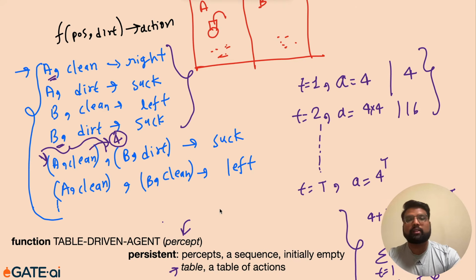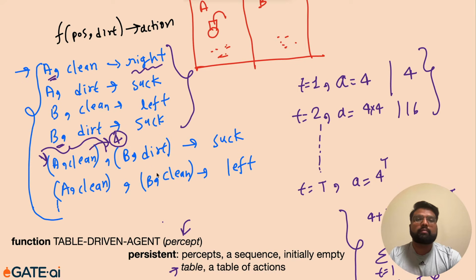In the vacuum cleaner world example, we had seen that we have to store a very big table for all the percept sequences and their corresponding actions. But if you look closely, the action is mostly dependent on the last percept, right? If the agent is in B block and it is dirty, it will suck.